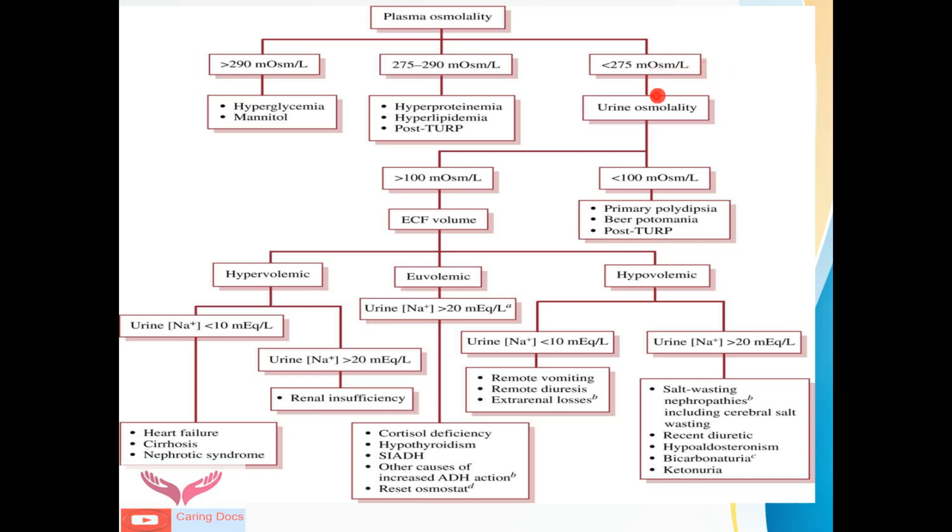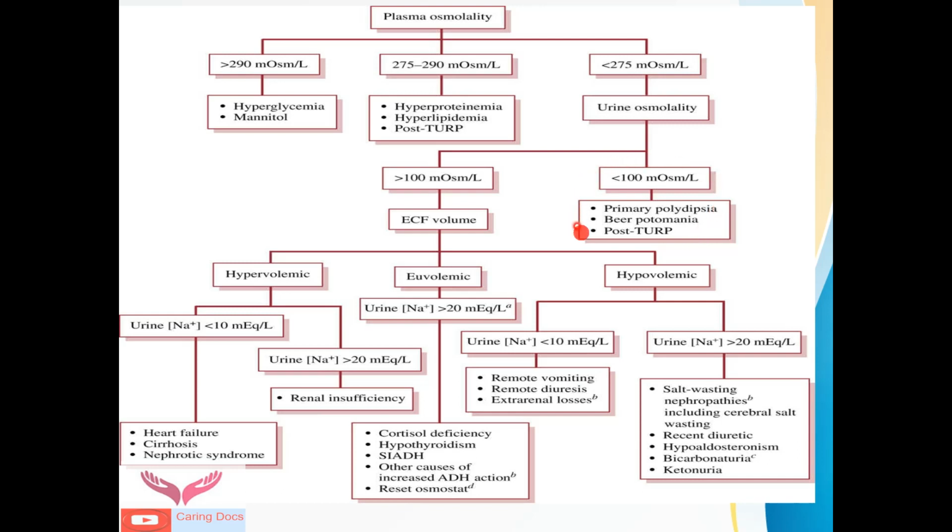We have to check the urine osmolality. If the urine osmolality is less than 100 milliosmol per liter, it means he is passing very dilute urine. The patient may be having primary polydipsia or beer potomania, meaning excessive beer intake, or he is a case of post TURP.